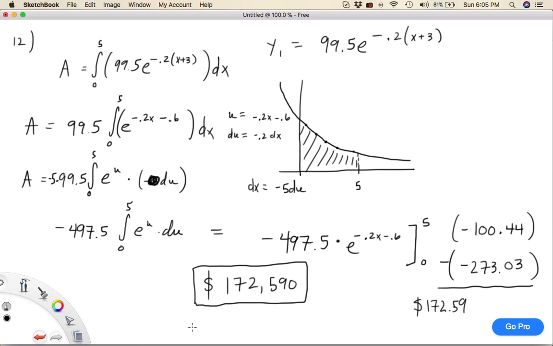I think we're just going to use this 172,590, and we need the present value and the future value equations.